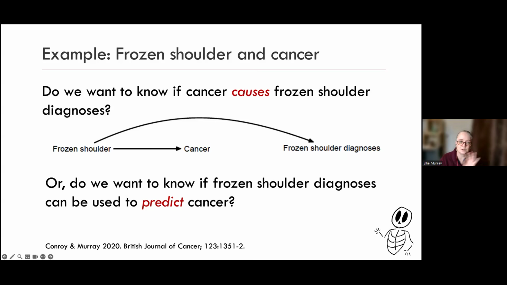And so that's an example of how thinking through the skeleton DAG might help us figure out what question we are actually answering and what we should do to answer it.